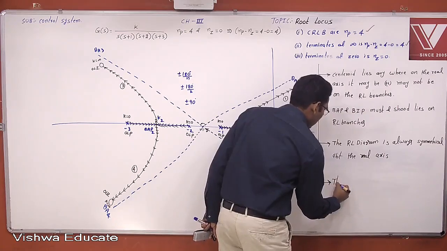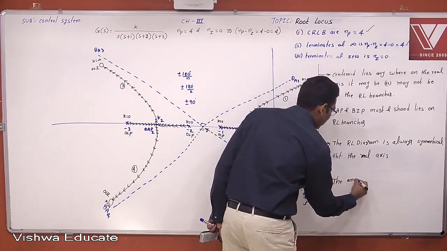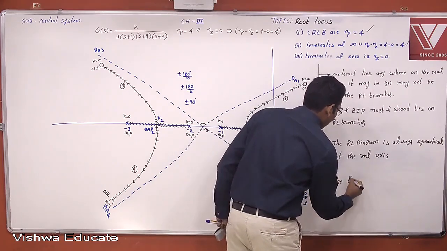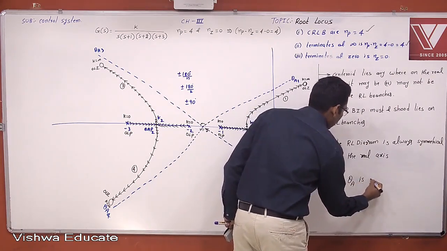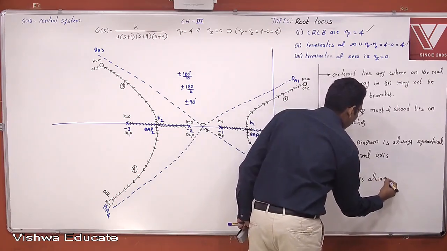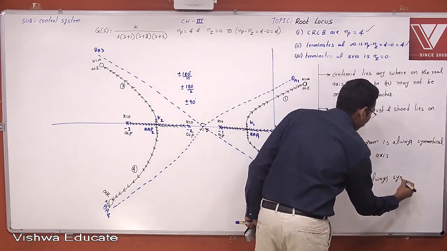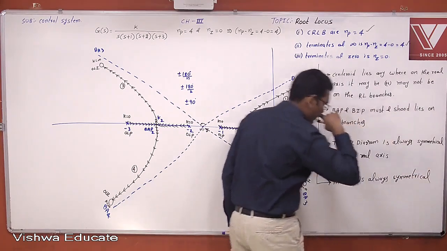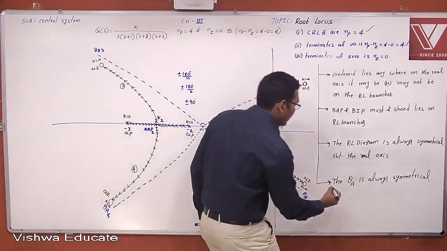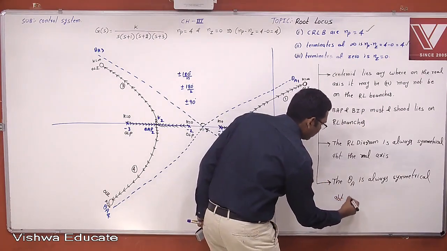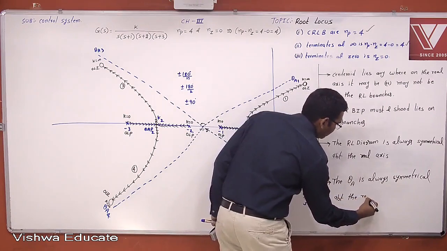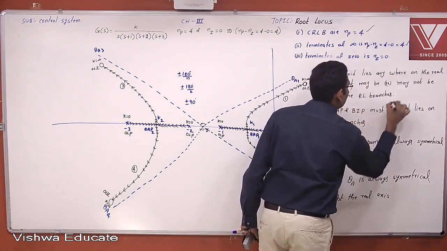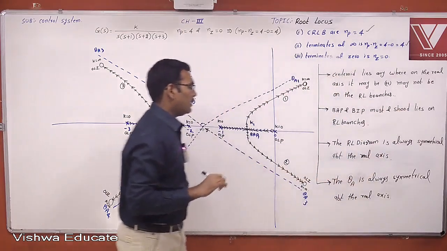Because the angle of asymptotes is always symmetrical about the real axis.